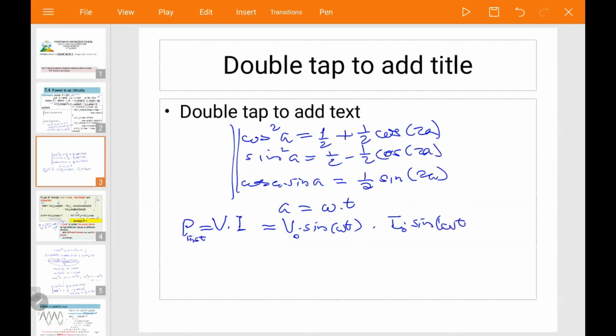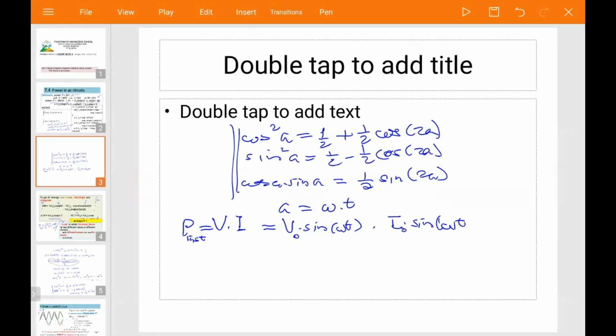Wait, if we don't know which electrical device we are talking about, what about the phase angles? You know that in the case of a pure resistor, there is no phase difference between voltage and current. In the case of an inductor, the voltage leads current by 90 degrees. In the case of a capacitor, the current leads voltage by 90 degrees.